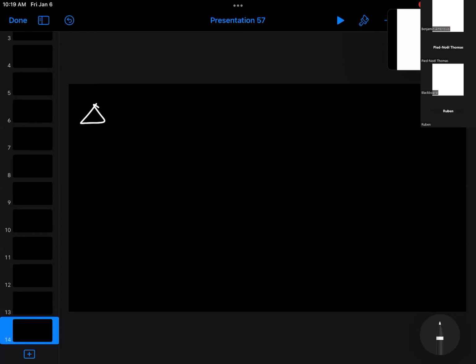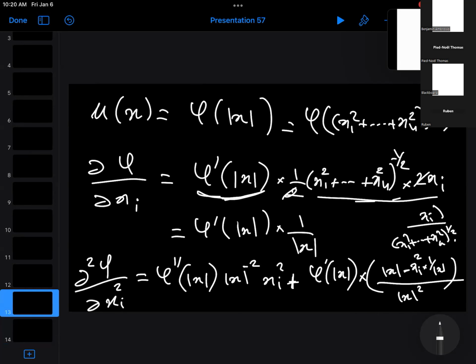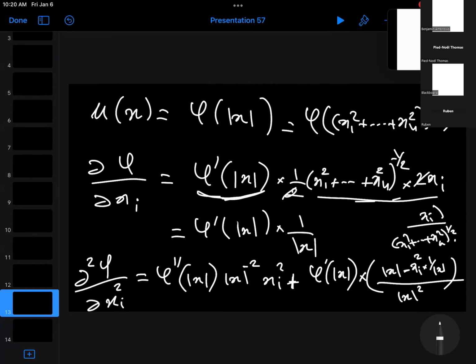So the Laplacian of u of x will be the sum from i equals 1 to n of this. When I sum up everything, I got that.